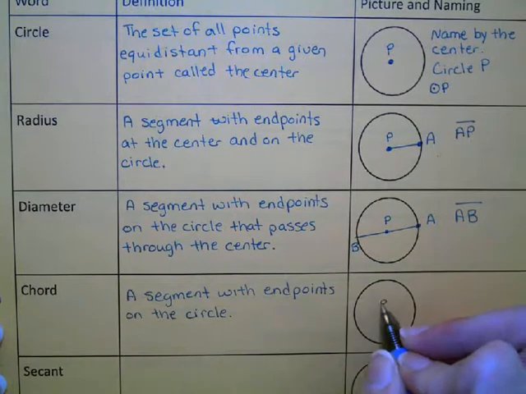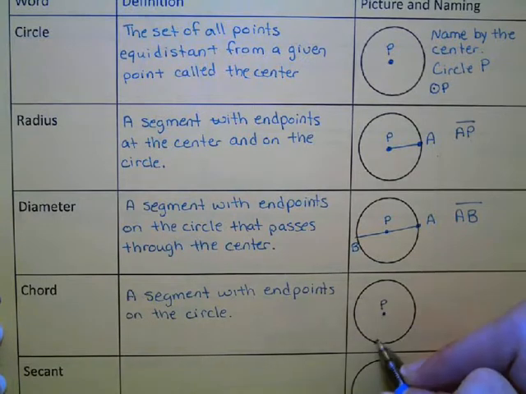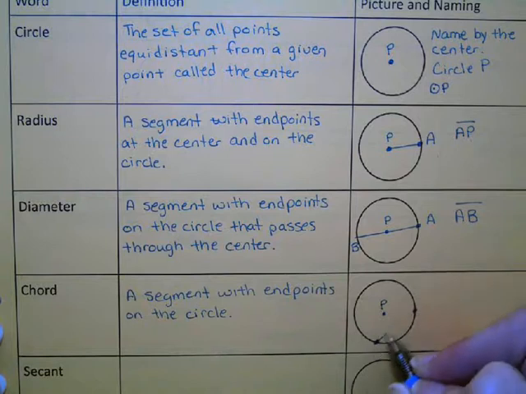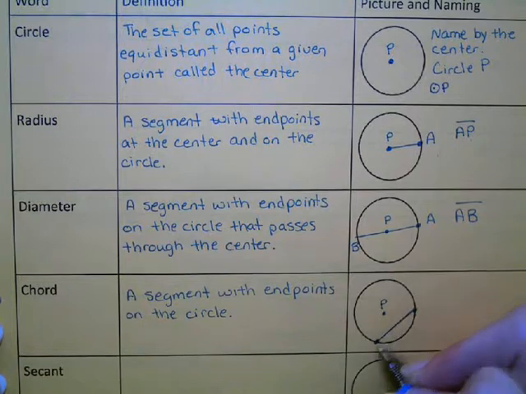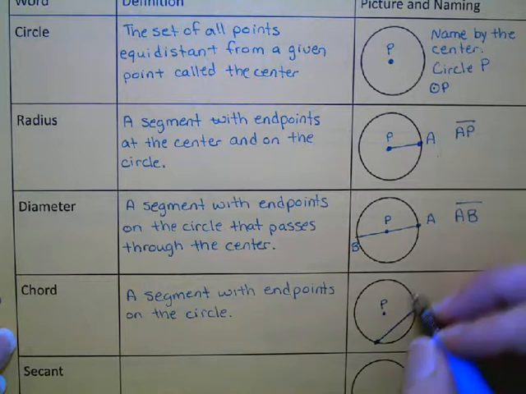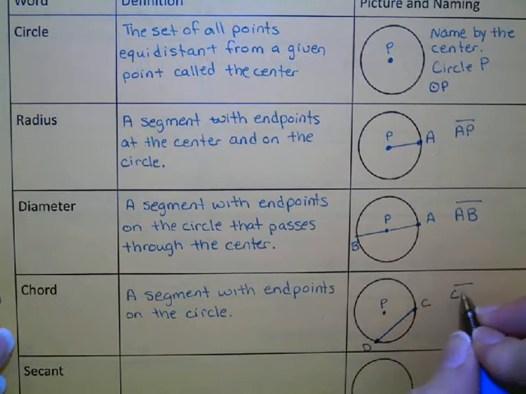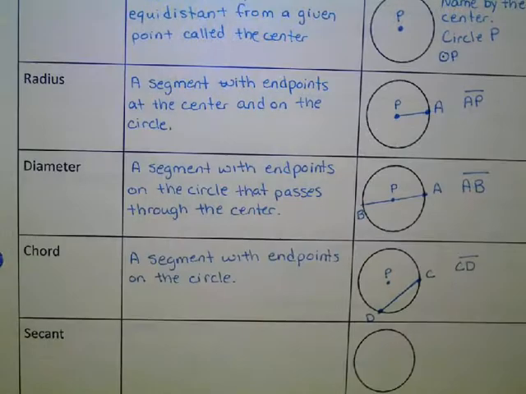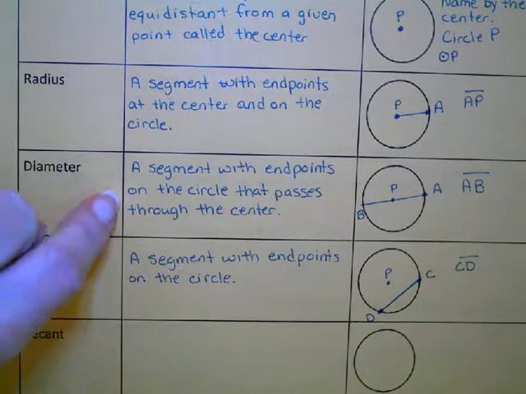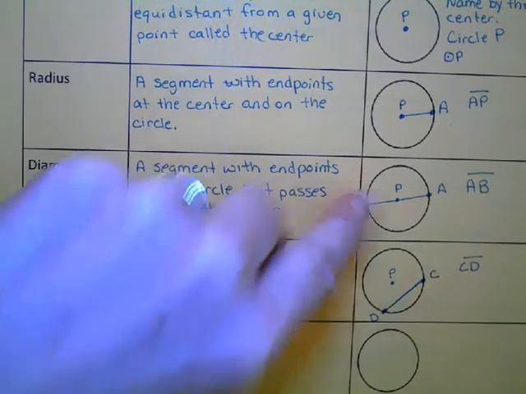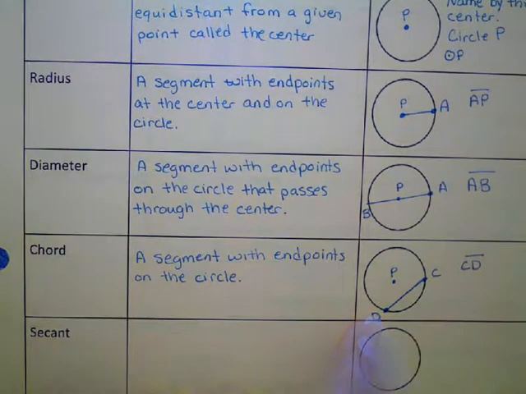So any segment that connects two points on the edge of the circle is called a chord. So let's make these C and we'll say D. So segment CD is a chord, and a diameter is just a special type of chord because it has to go through the center, whereas a regular chord does not have to go through the center.